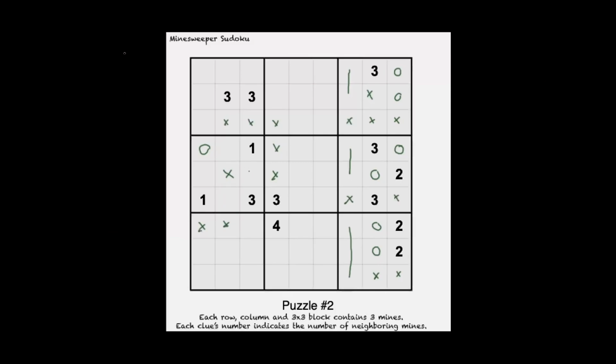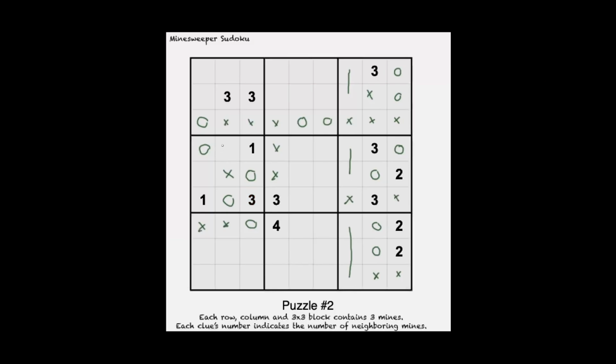Now, I can see that there is a row here that only has 3 open squares. So let's go ahead and put in those mines. This 3 here only has 3 places where I can place its mines. So let's go ahead and place those.